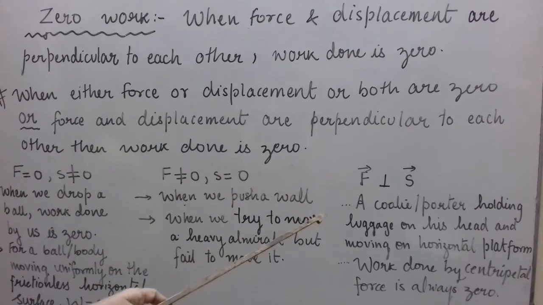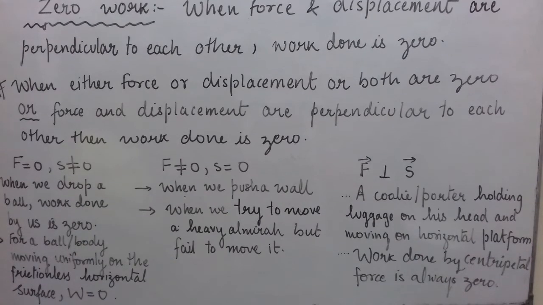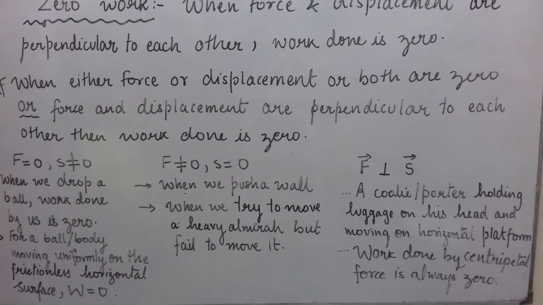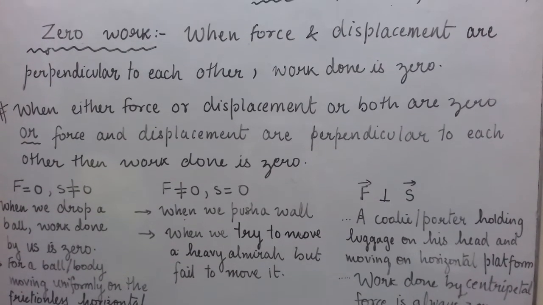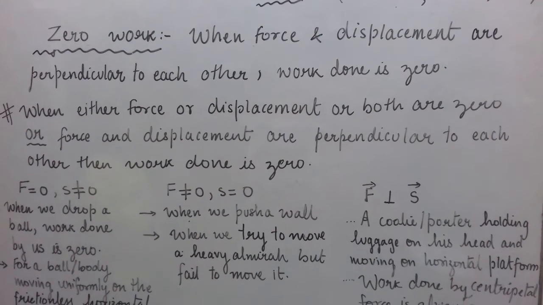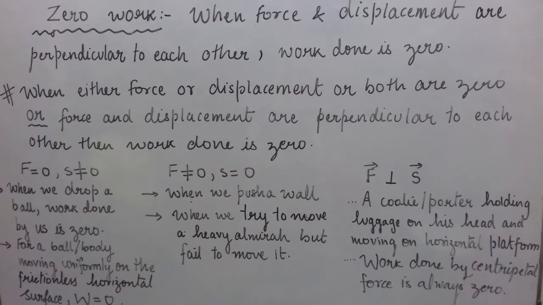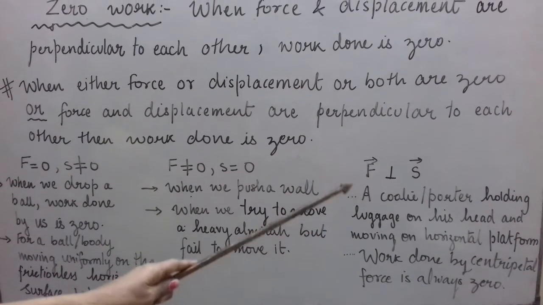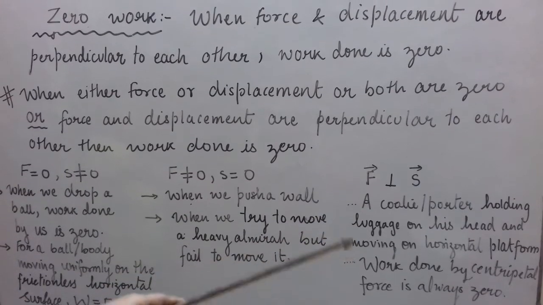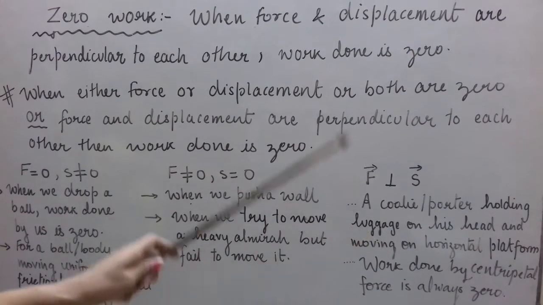When a coolie holds the luggage on his head, he is applying force on the luggage in the vertically upward direction through his head. And displacement on the horizontal platform is perpendicular to the force applied, which is applied vertically. So in this case, we say the coolie does not do any work when he is moving from one place to the other holding luggage on his head.